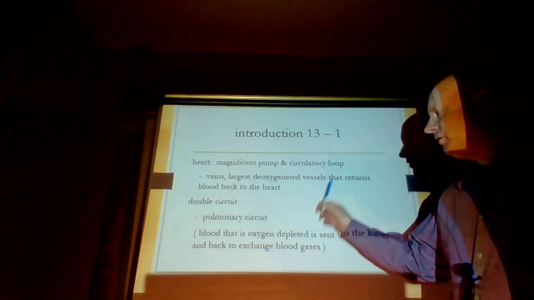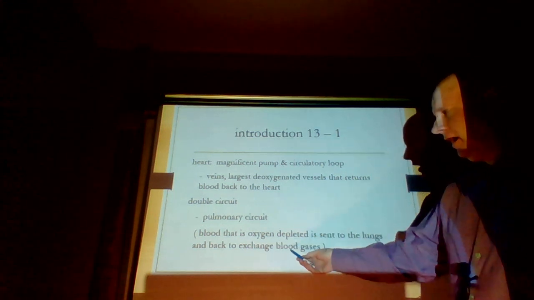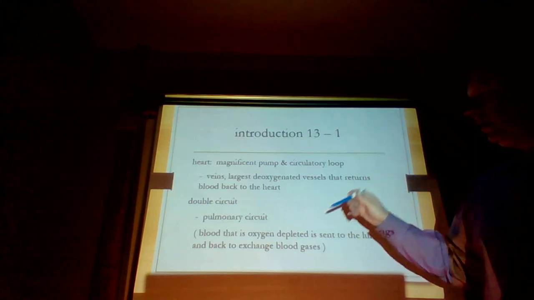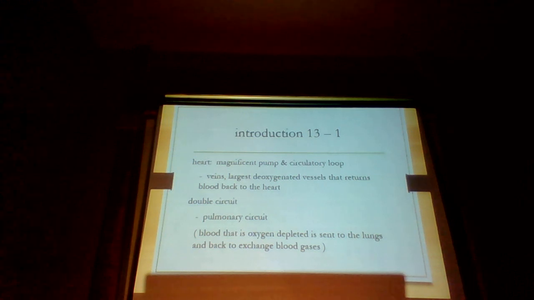So it's a blue vessel that's oxygen depleted, because it has to go back to the lungs so you can exchange those blood gases. That will probably make more sense when we look at some of these diagrams that we will go further in depth upon when we return back into school next Tuesday.